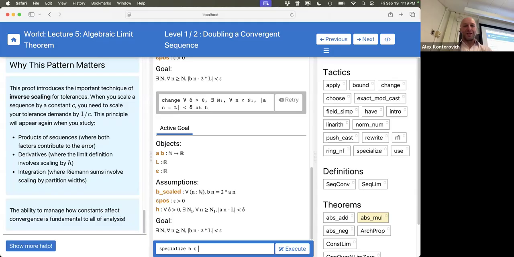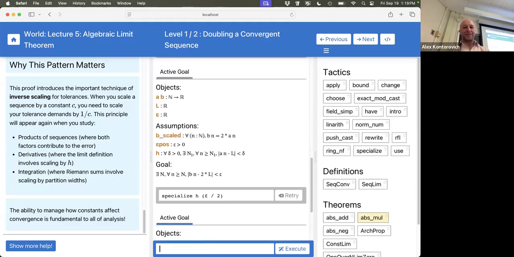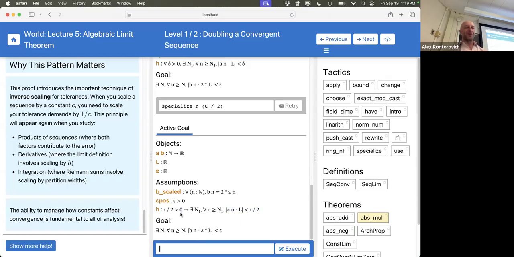Okay, does that make sense? So specialize H to epsilon over 2. Well, that means that I'm going to say if epsilon over 2 is positive, and that's not exactly what I already have. So I need to declare that epsilon over 2 is positive. So have fact F1 is that 0 is less than epsilon over 2. Why is this going to be true?